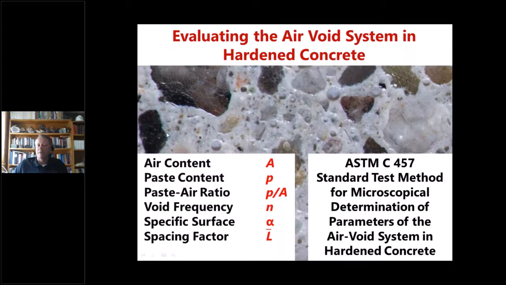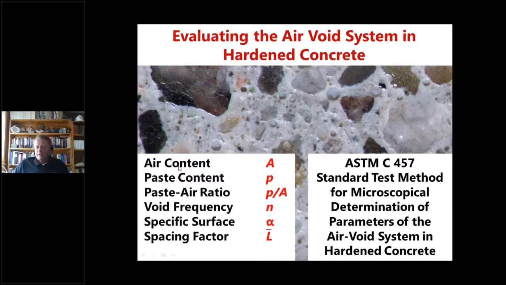In other words, this test method essentially mathematically describes the air void system within the concrete. There are 6 variables in particular that we'll discuss here that come up as part of the data processing game.